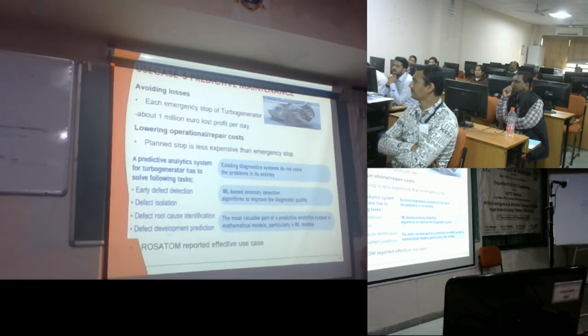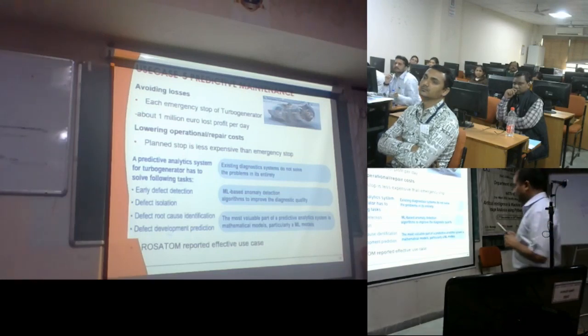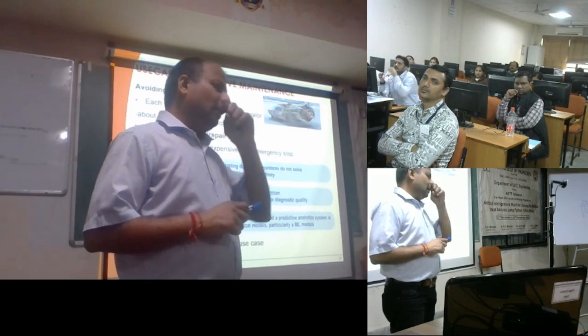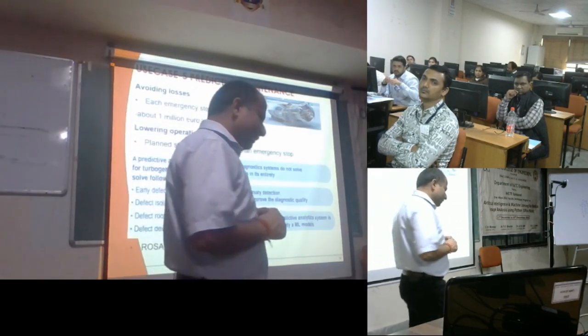But many times, corrective actions are very costly. For example, here there is a turbo generator. There is a company, Rosatom, in Russia, because Russians are very good in nuclear research. They do a lot of nuclear research.